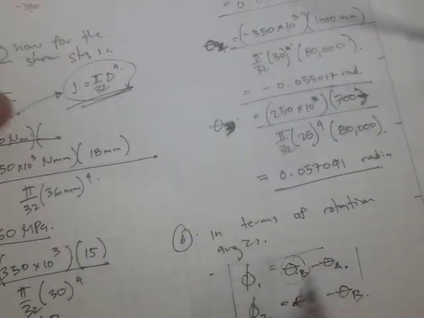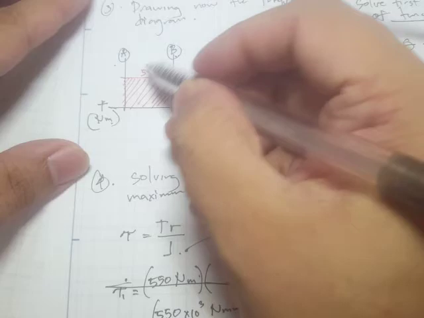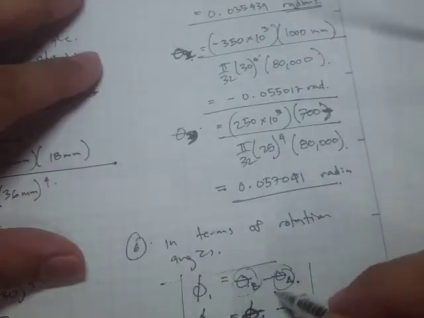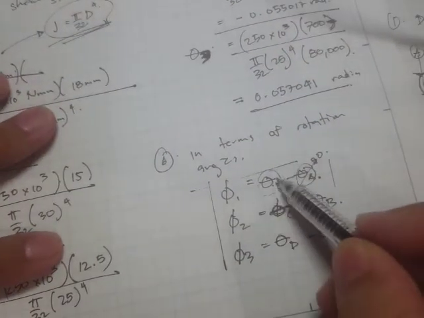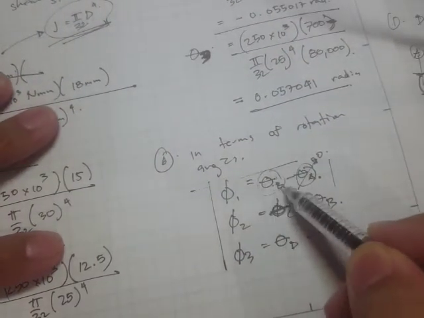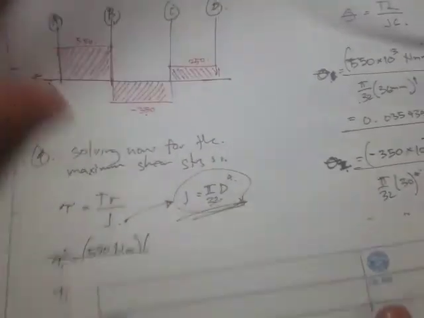Right, so if this is our reference point, that's A, so this will be actually 0. So what we need to find is the angle of twist at B, at C, and at D, because we are going to plot that in a diagram, something like this.